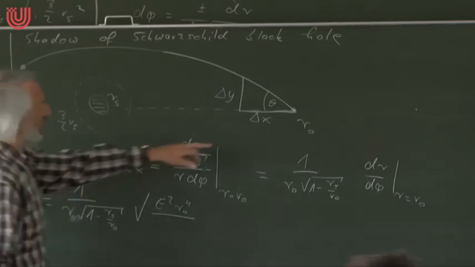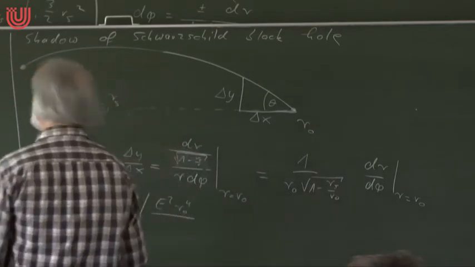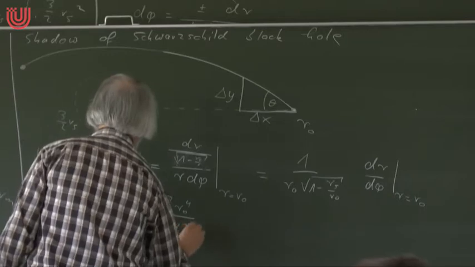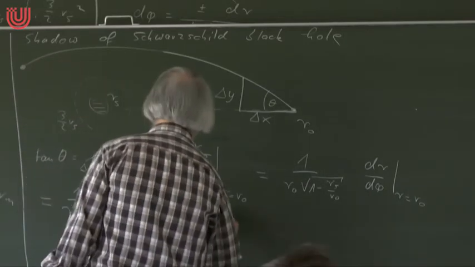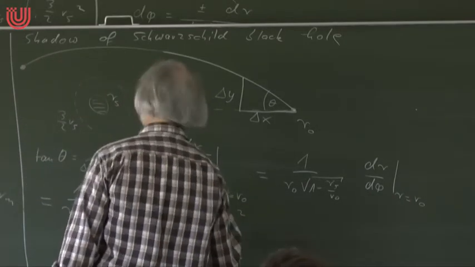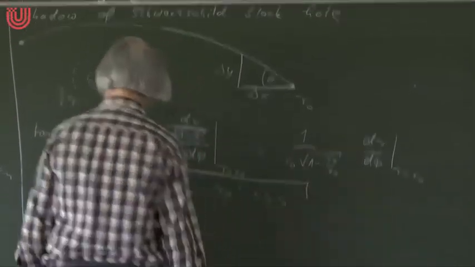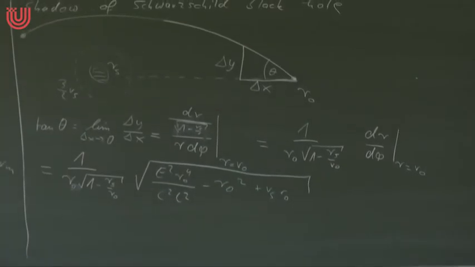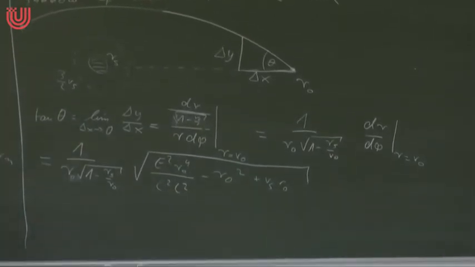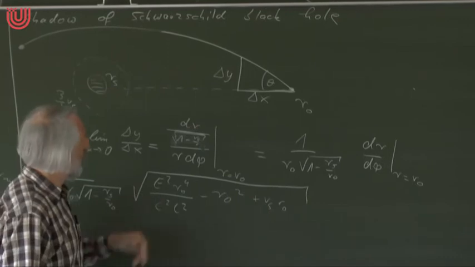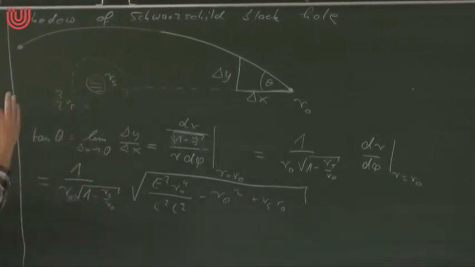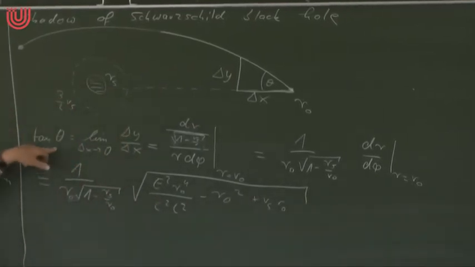The index O stands for observer. Then c squared L squared minus ro squared plus rs ro. That's it. So this is for any possible value of E divided by L, which parameterizes my light rays, the corresponding angle theta. And now the boundary of the shadow is given by, any question?